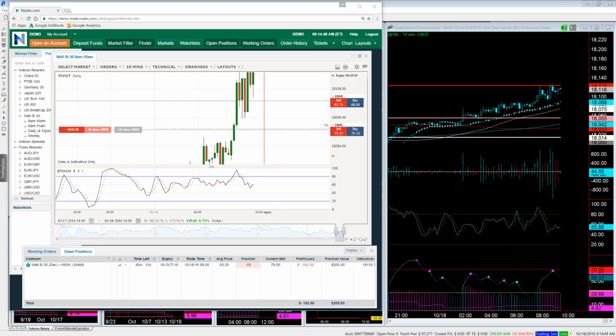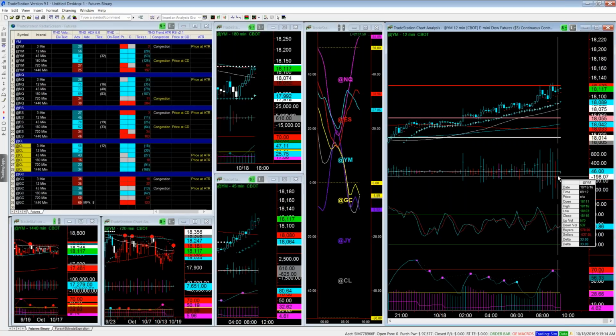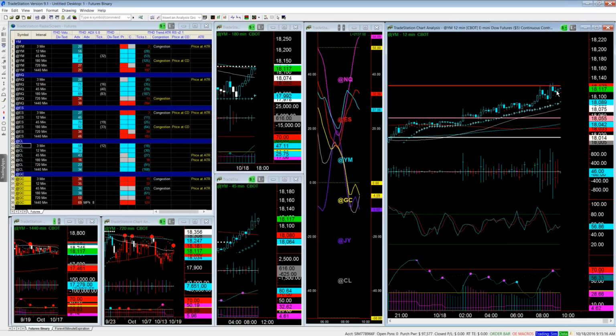Okay, I'm back. Now, just looking at this, I don't like that bar that just formed. Usually that's indicative that price is going to go up.